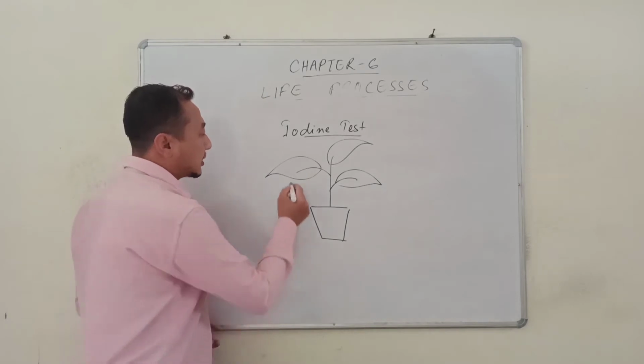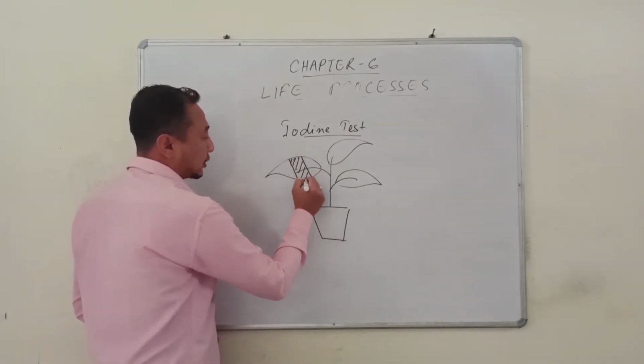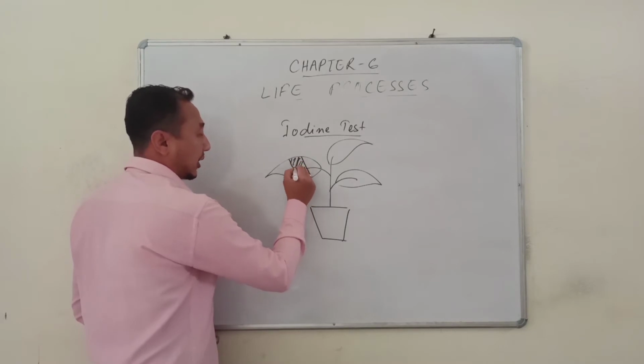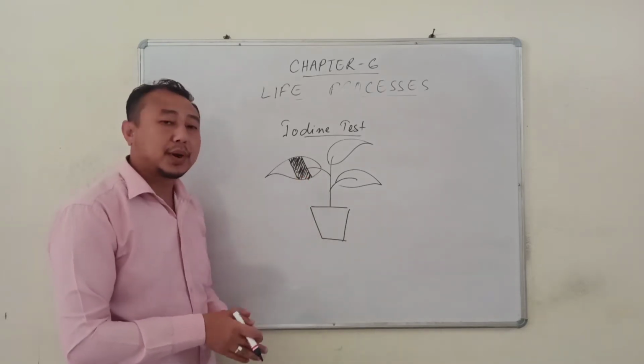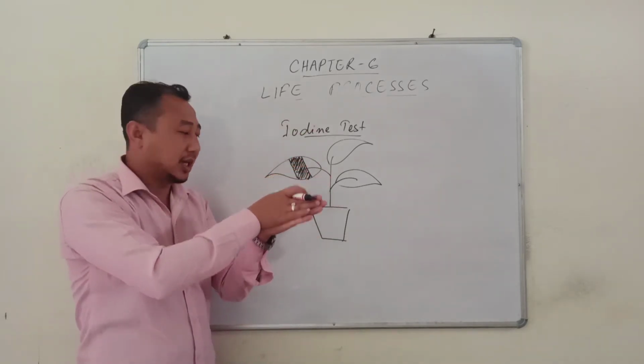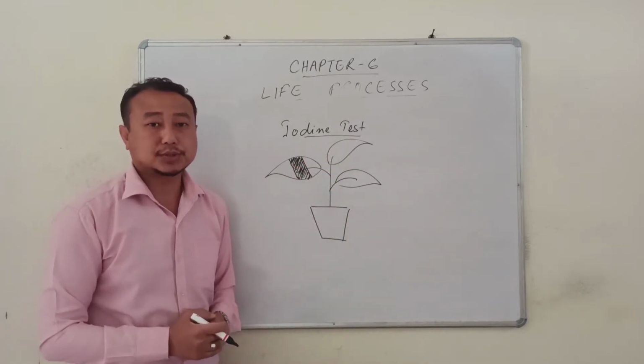After that, let us cover a portion of a leaf of this plant with an opaque object so that the light will not be received by this part of the plant. After covering properly the upper and the lower side of this leaf, let us keep this plant in bright sunlight for 2 to 3 hours.